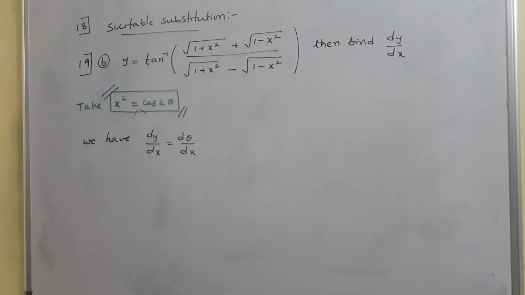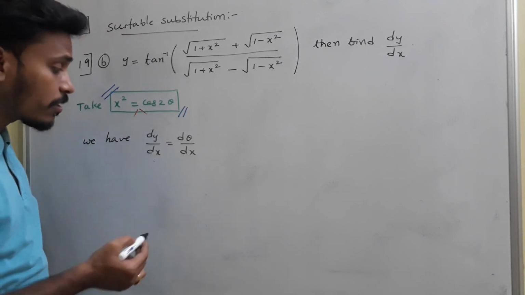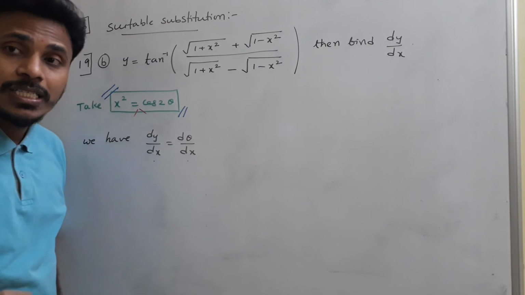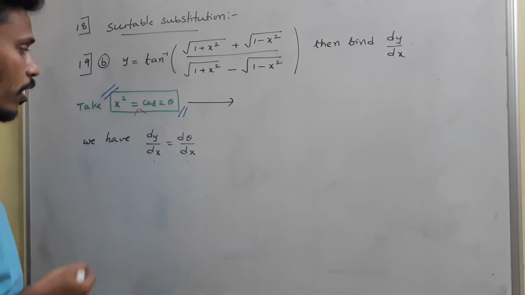From the first part of the problem we have dy by dx is equal to d theta by dx. So finding dy by dx is simply finding d theta by dx. To find this, my concentration is on x square is equal to cos 2 theta.